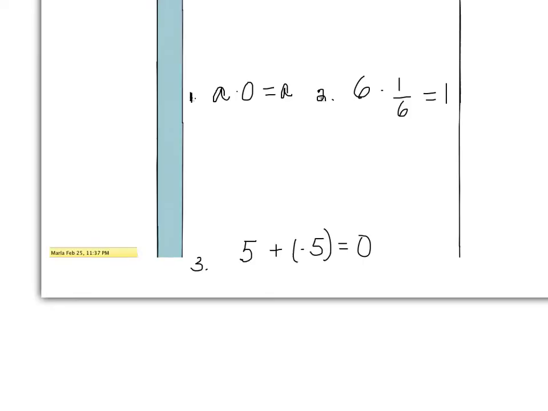Okay, so here's our first example, number 1. We want to identify which property this is. So right away we see that A times 0 equals, that should be 0. Because anything times 0 gets wiped out. So this is actually the zero property. So I'm going to write that in. Number 2 clearly says 6 times 1/6 equals 1.